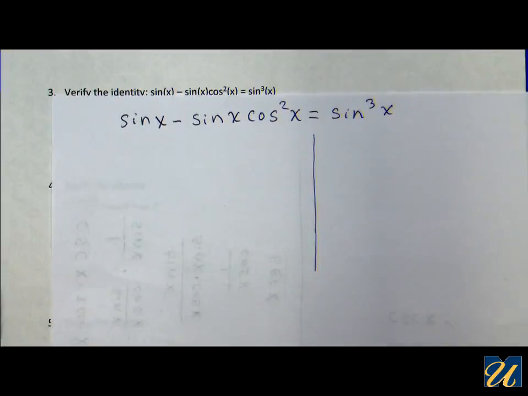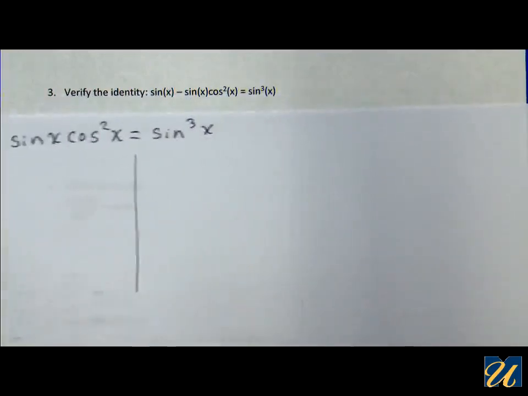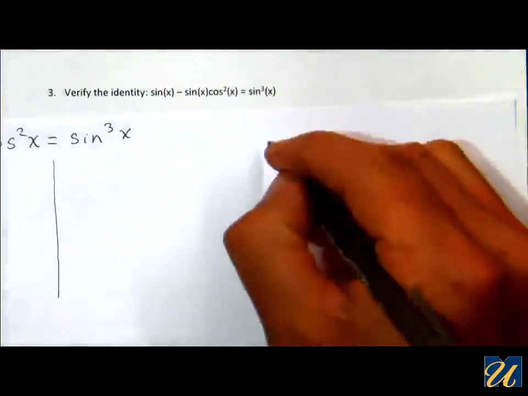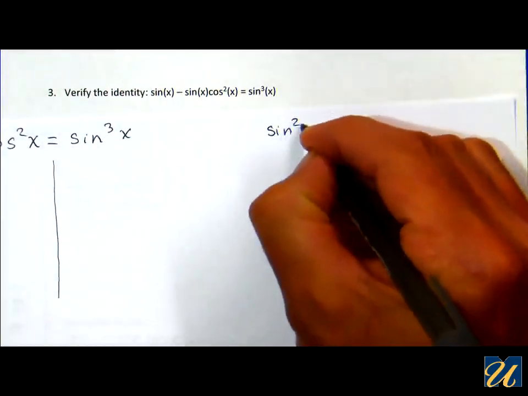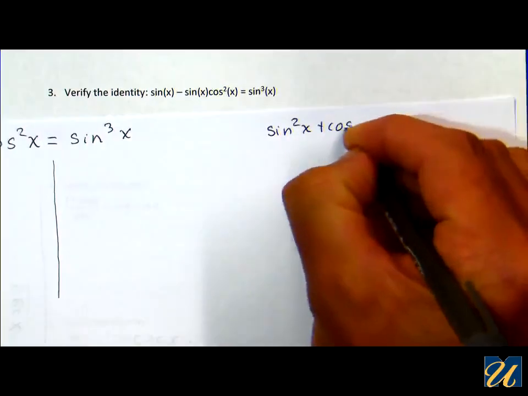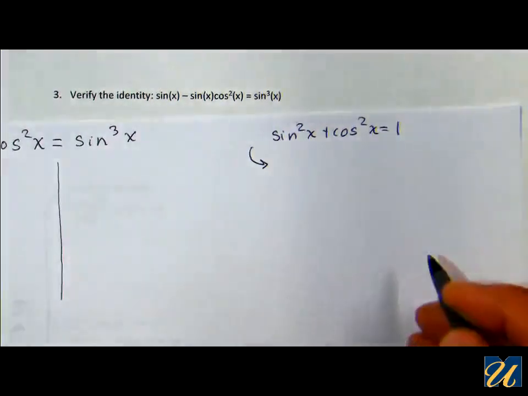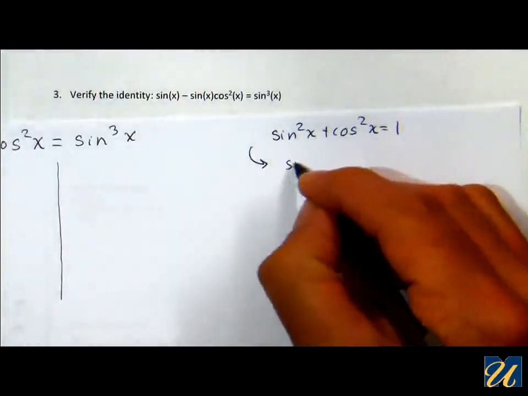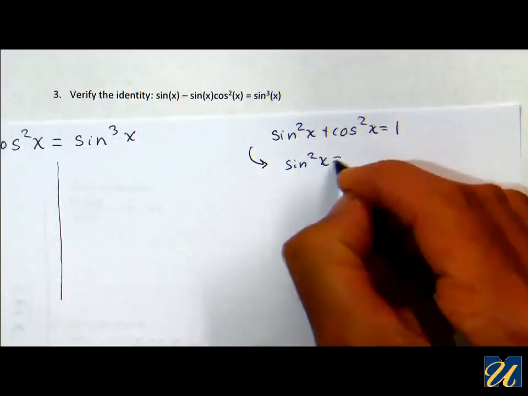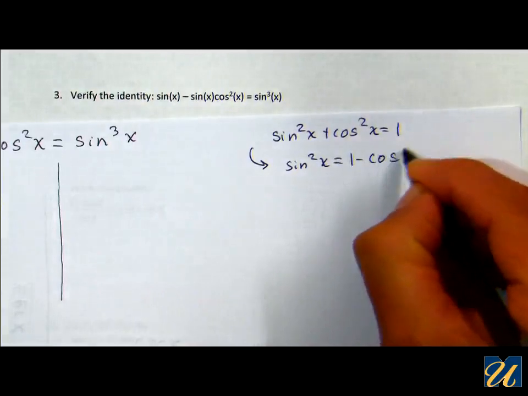So if I do that, what can I do? Well, you have a Pythagorean identity: sine square x plus cosine square x is equal to 1. But we can rewrite that in one of two different ways. You can write sine square x is 1 minus cosine square x.